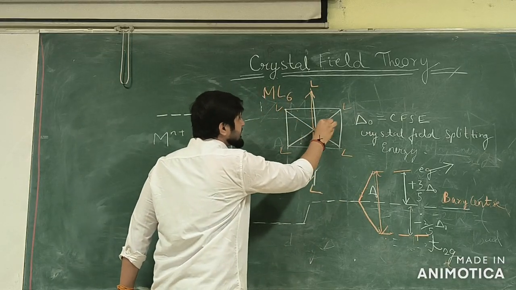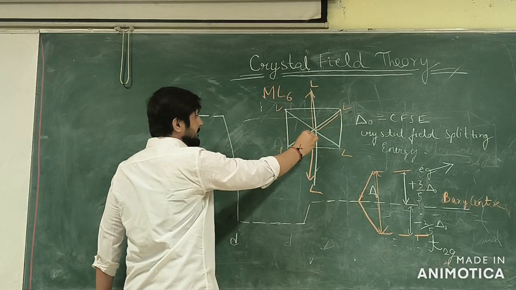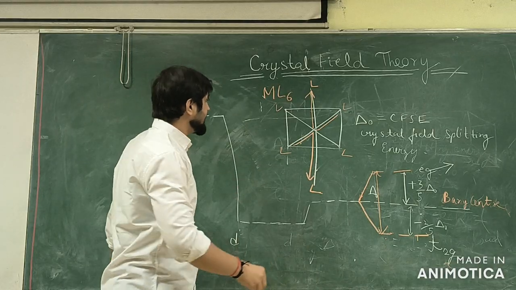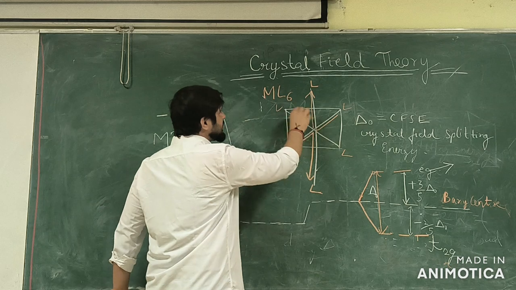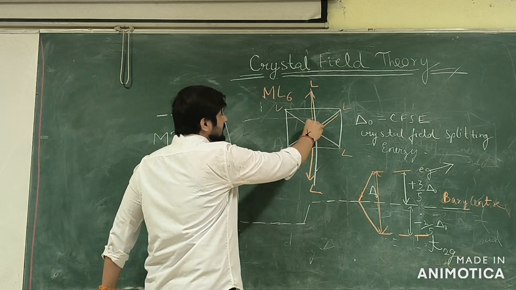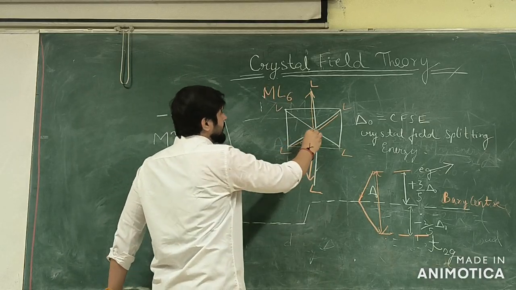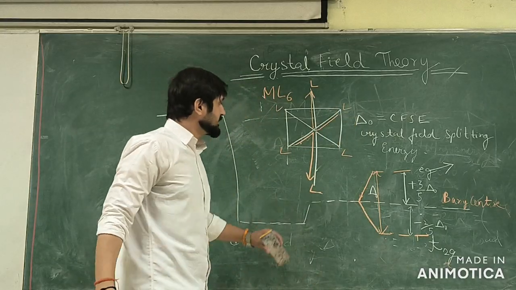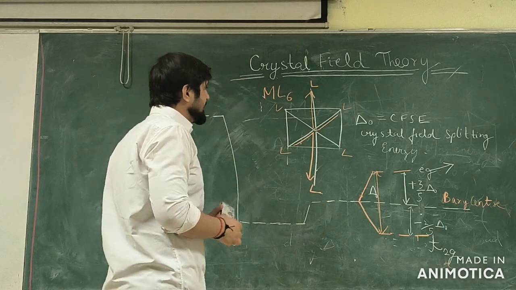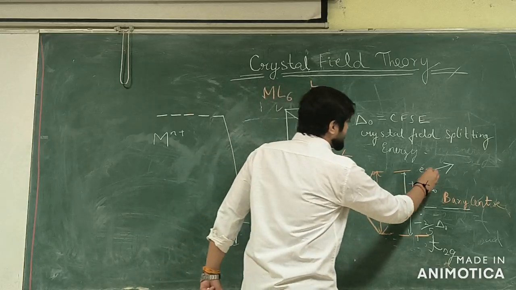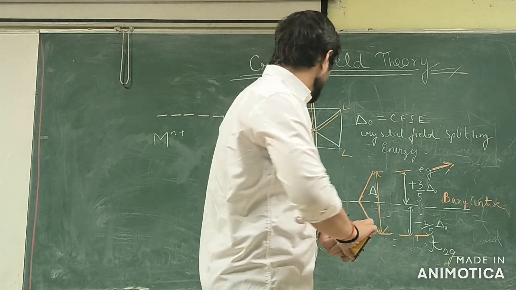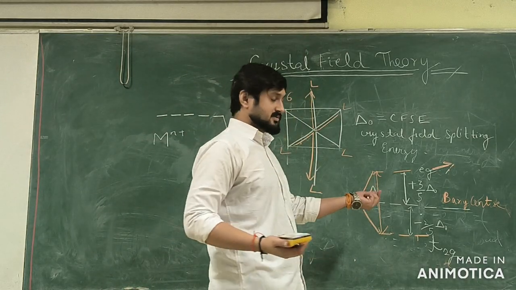If you move in this direction, you will find a ligand L, and if you move in the opposite direction, you will again find an L. So from the center point, the symmetry is the same. That is, from the center point you will encounter the same ligand whichever side of this complex you go. So this type of geometry is centrosymmetric, and hence this g subscript comes with the T2 and Eg levels.